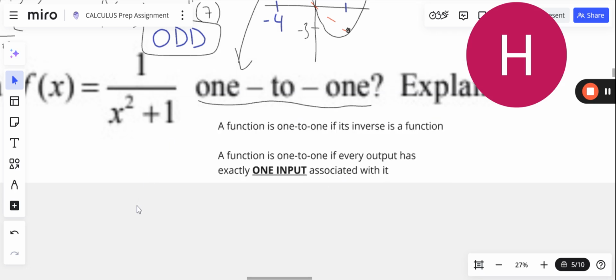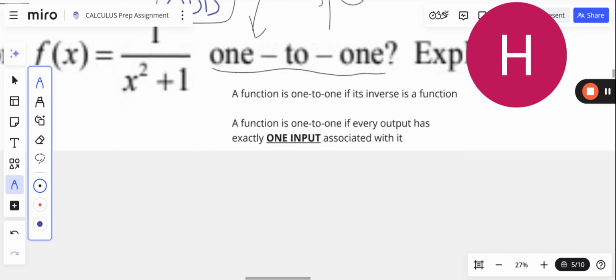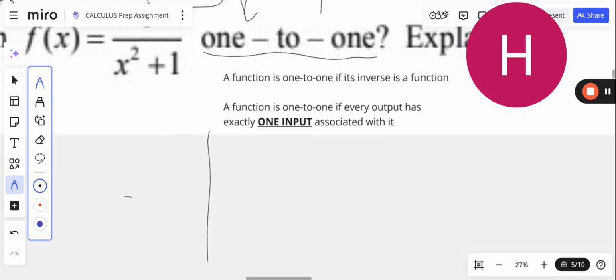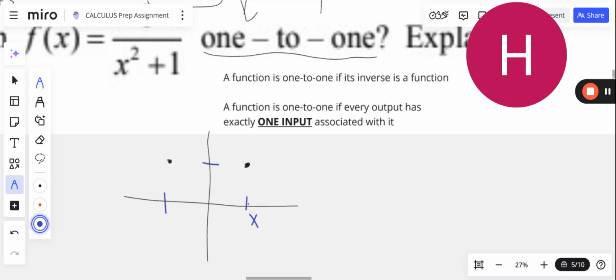So an even function is not 1-to-1, because an even function, if I have a certain output, there might be two inputs that have that output, particularly x and -x.